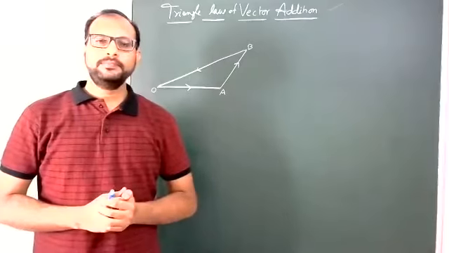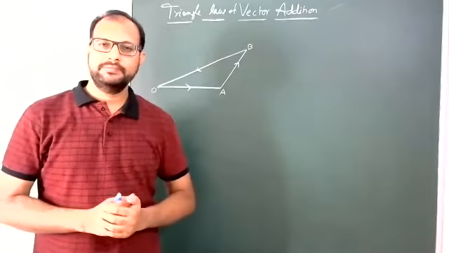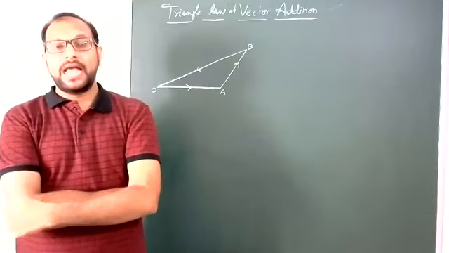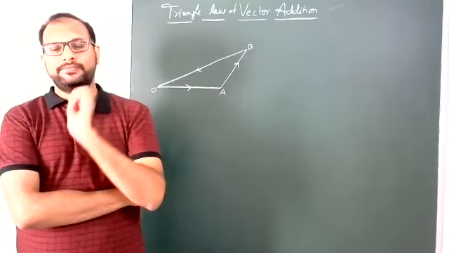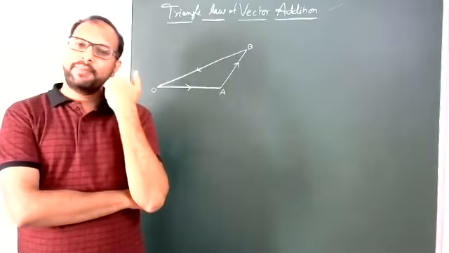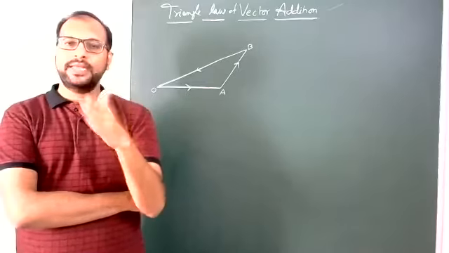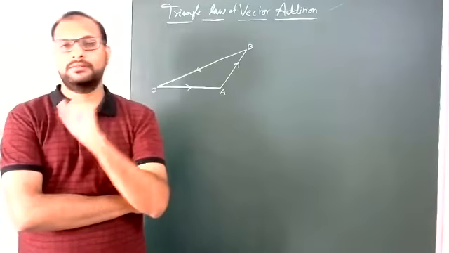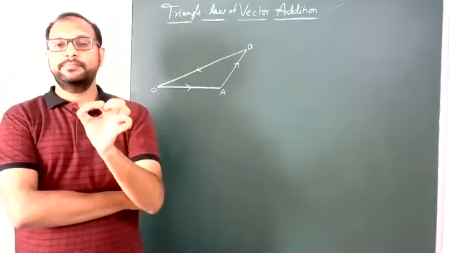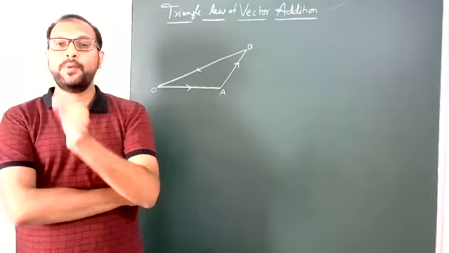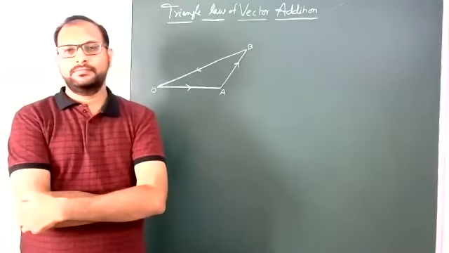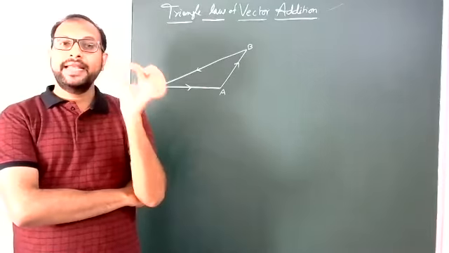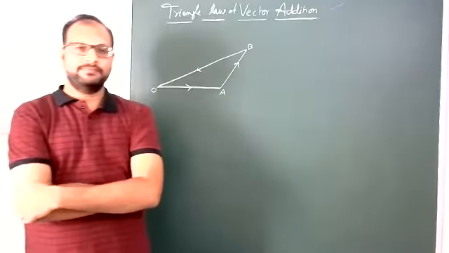Students, from our main vector addition, one important point we discussed: the resultant of whatever number of vectors, maybe 2, 3, 4, anything, the final resultant vector starts from the starting point of the first vector and ends at the ending point of the last vector.